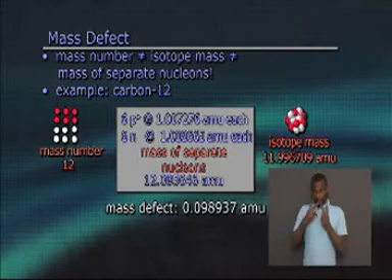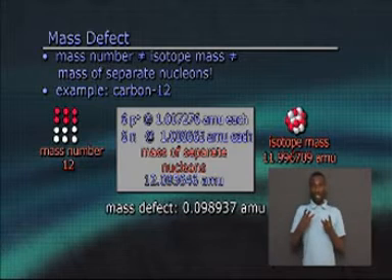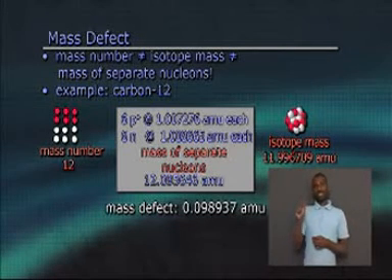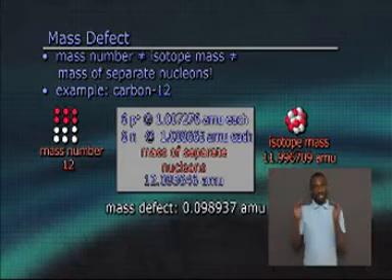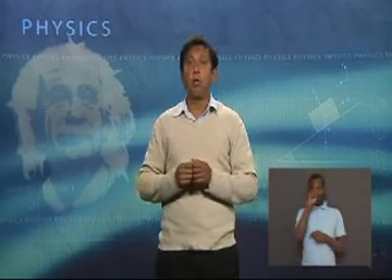We can see that our mass number 12 does not equal the isotope mass, nor does it equal the mass of separate nucleons. Excellent work, students. Now that we have worked through the activity together, I am confident that you understand how to calculate mass deficit. If you had any difficulty, please ask teacher to look over your work after the lesson.